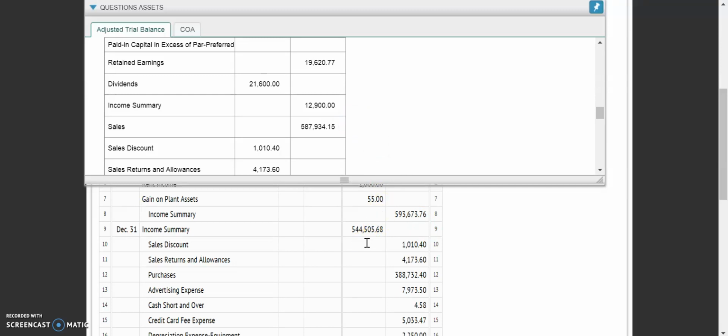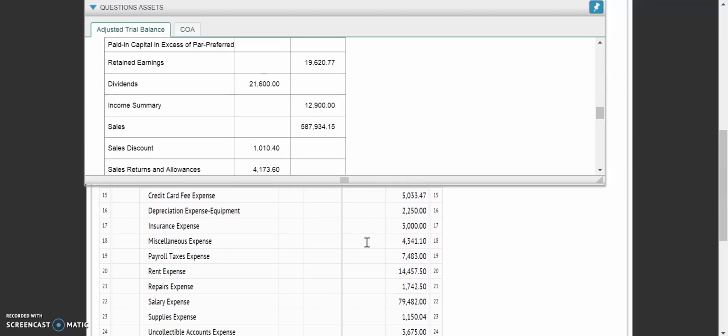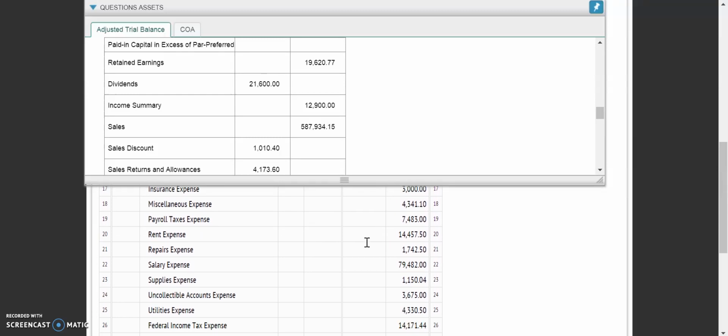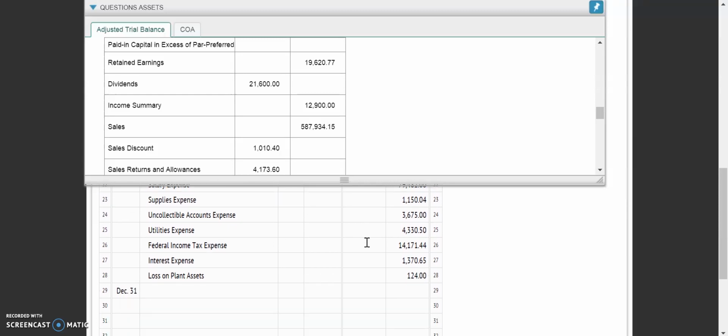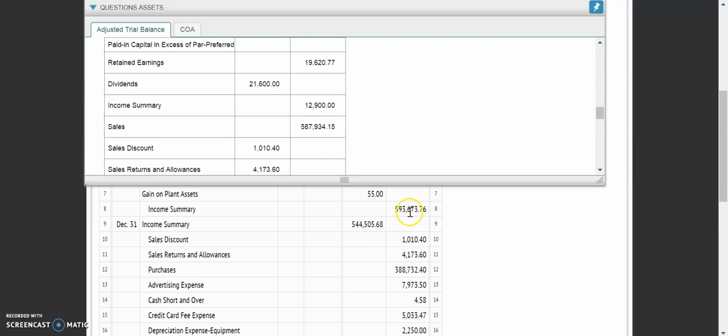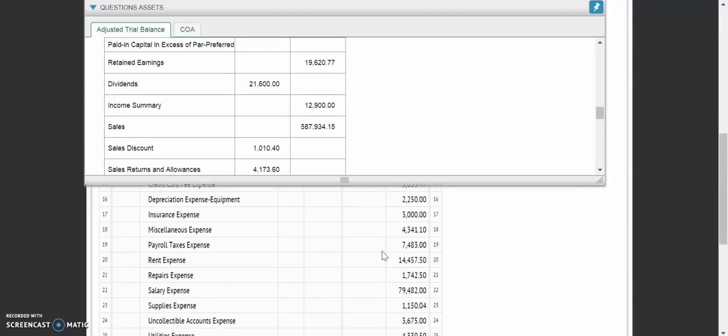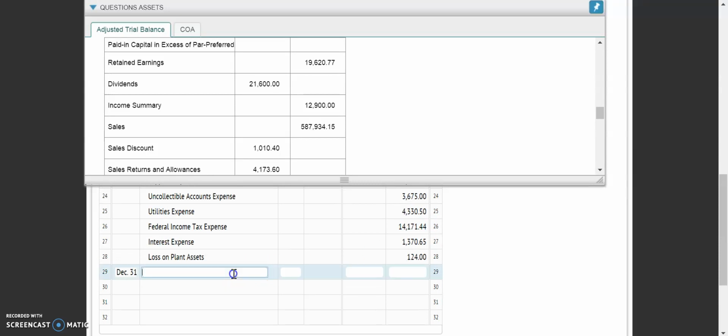And when we do that, we get an amount of $62,068.08, which is a net income. So when we have net income, right now, income summary has a credit balance of that because this number, the credit side, is greater than the debit side. So when we do that, if it has a credit, we're going to need to debit income summary to close it. So income summary is going to be debited.